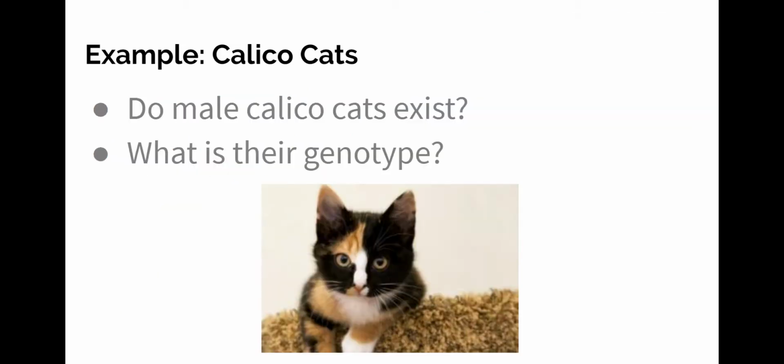Now, the question is, do male calico cats exist? If you think back to the chart that you saw, XOY gives you orange, XBY gives you black, you would say no, that's not possible. There's no mix, there's no heterozygous individual for a male. But the interesting thing is you can have a male calico cat.